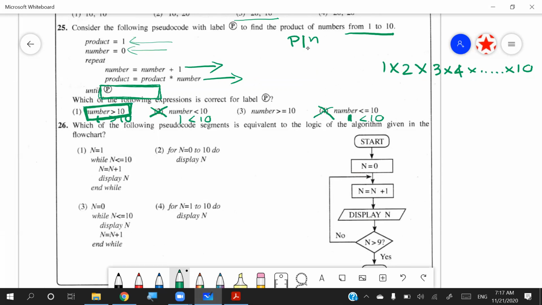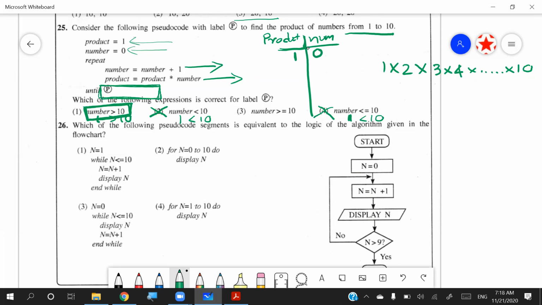Let me start from here again. At the very first time, product is 1, number is 0, right? This P is for product, not for your answer. I'll write product over here, otherwise you guys get confused, right?